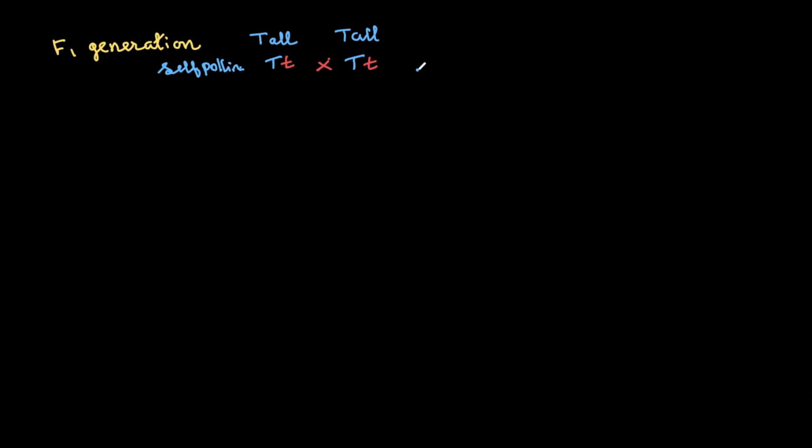So these are the parents. During gamete formation, capital T goes to one gamete and small t goes to another gamete. The same way from the other parent, capital T goes to one gamete and small t goes to another gamete.